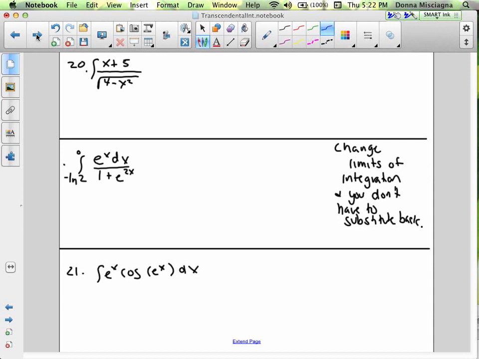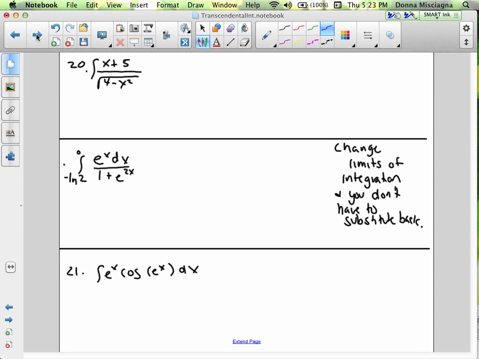All right, so we have the integral from negative natural log of 2 to 0 of e dx over 1 plus e to the 2x. I guess that's a negative there. And so let's see, what should we have here?